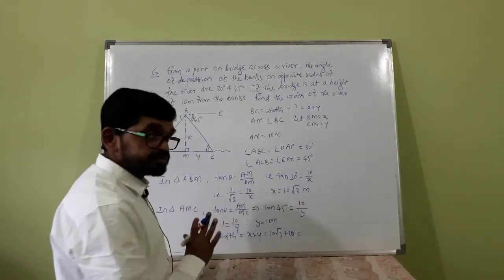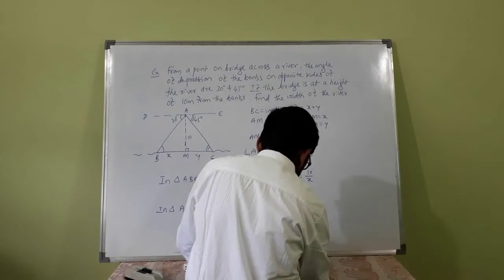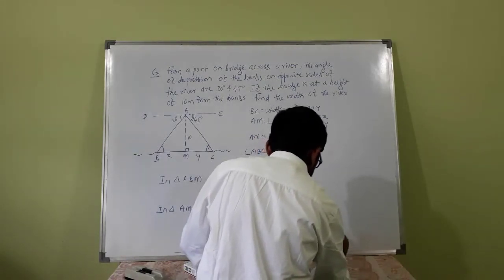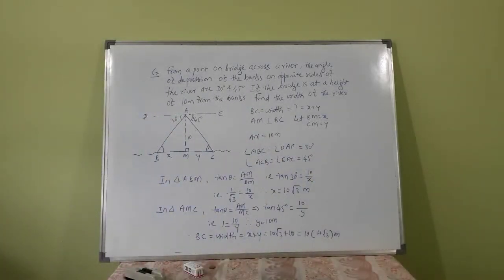It is not 20 root 3. Remember, you can't add them. So if you take 10 common, 1 plus root 3 meters. The width of the river is 10 times 1 plus root 3 meter.